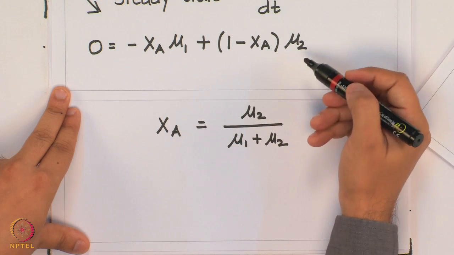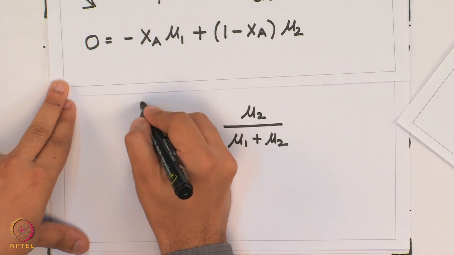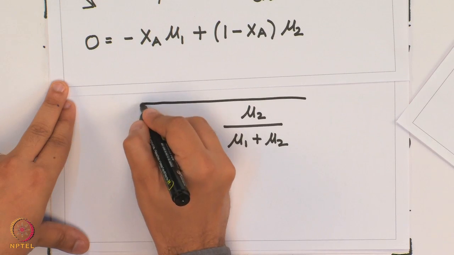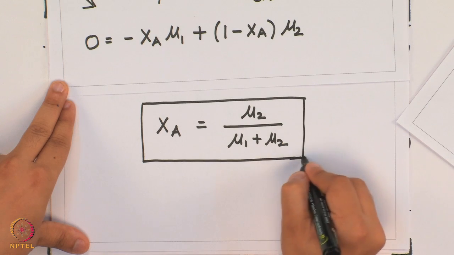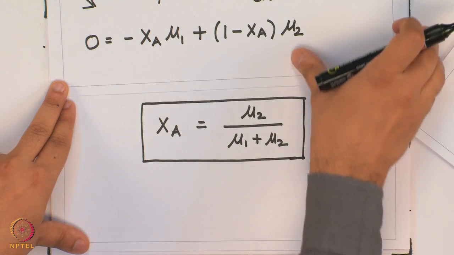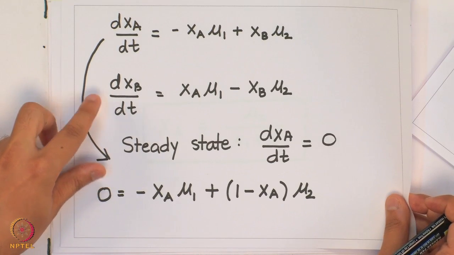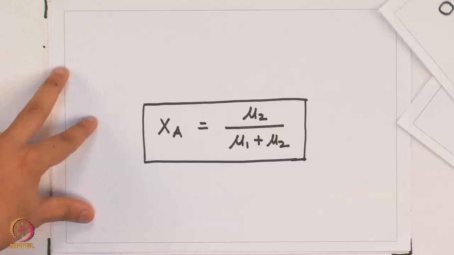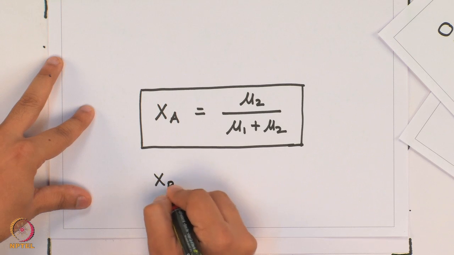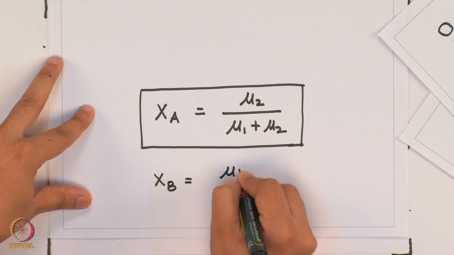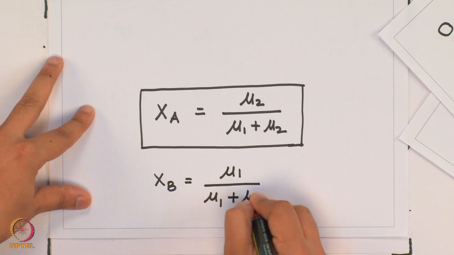You can simplify this relationship to arrive at this, that is just simple manipulation, and that is the steady state fraction of the population which belongs to genotype A. Similarly, you can work with the second equation that we have, dxb by dt, and analyze its steady state. What that will take you to is xb is equal to mu 1 divided by mu 1 plus mu 2.